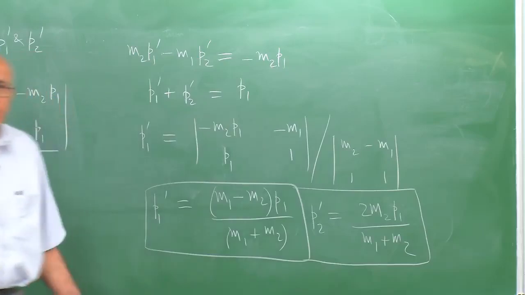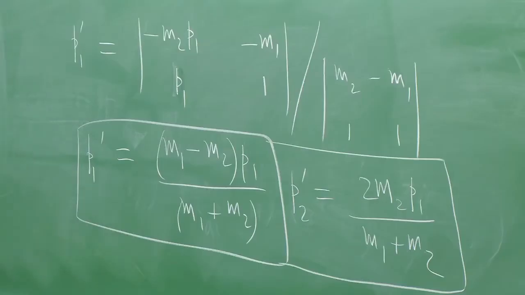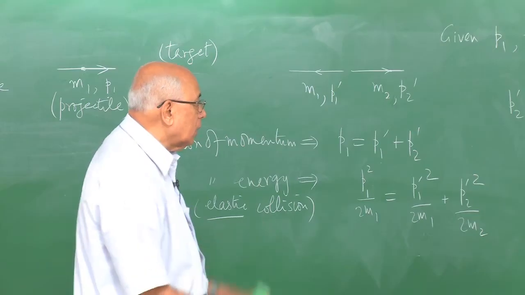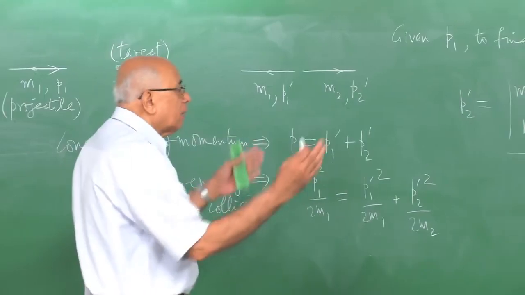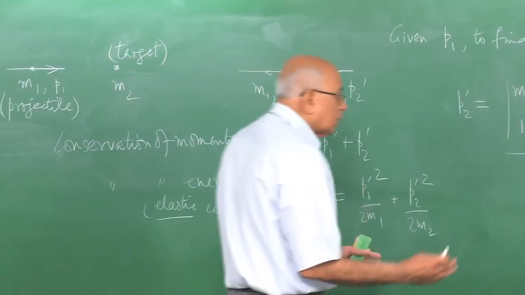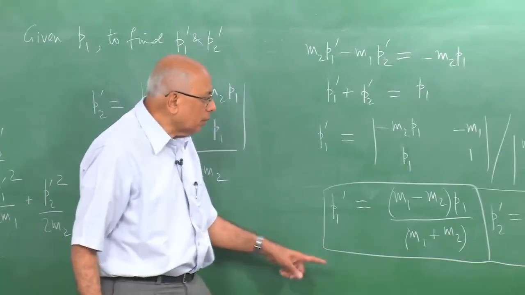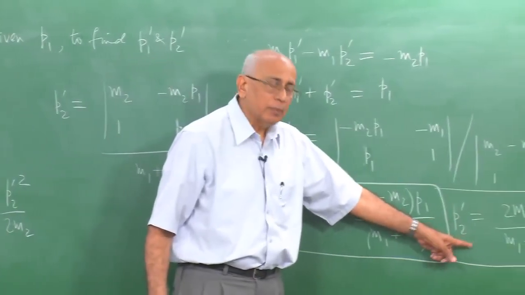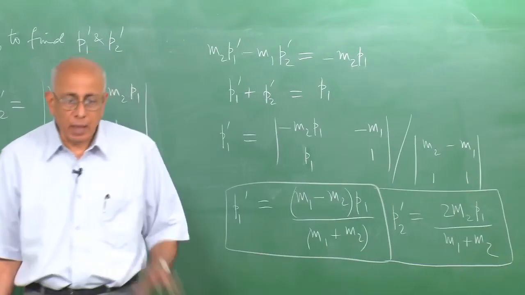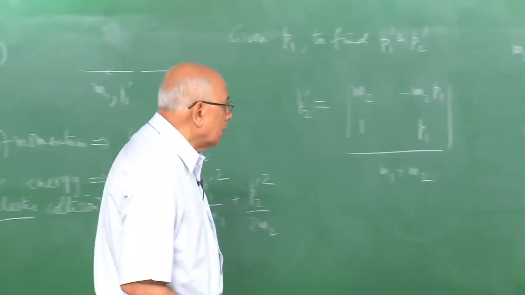So that solves the kinematic problem completely. It tells you, regardless of the details of the interaction between these two particles when they are in contact, if that happens in a very short time, then after the collision, when these particles move off as free particles, particle 1 moves with this momentum and particle 2 moves with this momentum. This is the momentum acquired by the target after the collision.